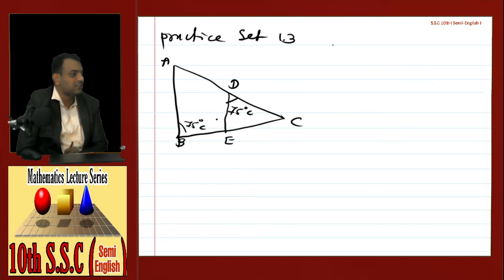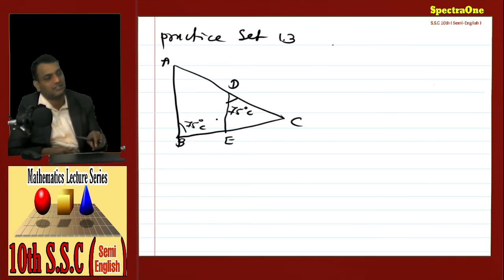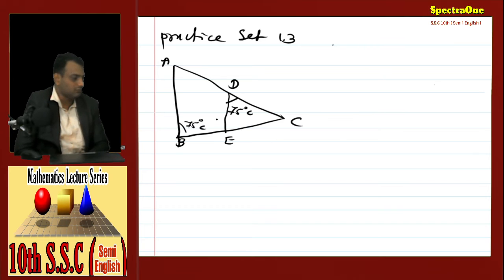In the figure, angle ABC is 75 degrees. Angle EDC is also 75 degrees. State which two triangles are similar and by which test.